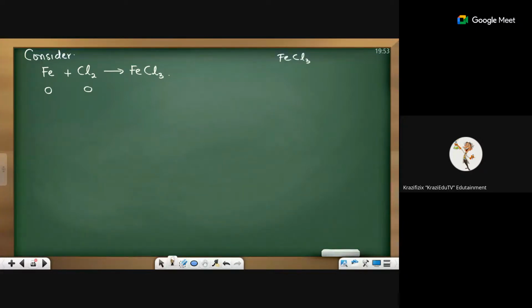Chlorine will always have oxidation number of -1. But now there are 3 of them. Fe plus minus 3 equals to 0. What is Fe? Positive what? 3. Sweet. So what do we have here? We have Fe3 plus and we have what? Cl minus. Does that make sense to you?